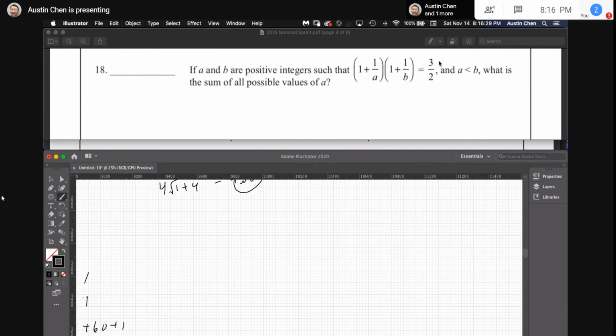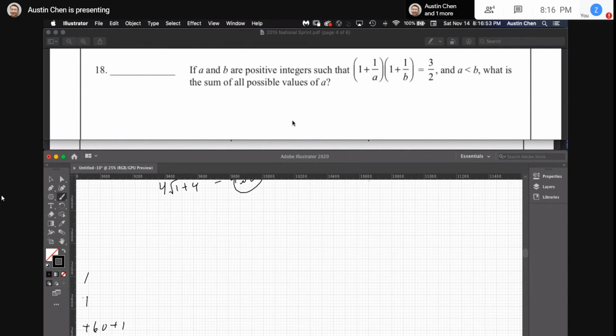Because this is just bad, right? Our information that a and b are positive integers doesn't help at all here. We would rather have some kind of expression that is multiplying with just A and B on top at least.